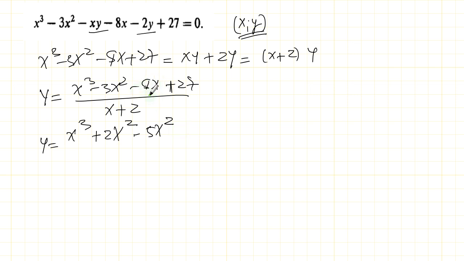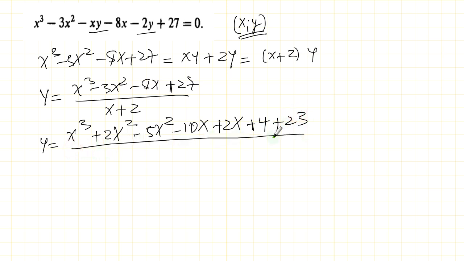Then minus 8x I can write as minus 10x, but I have 8, so plus 2x, and 27 is 4 plus 23, and all of this is divided by x plus 2.